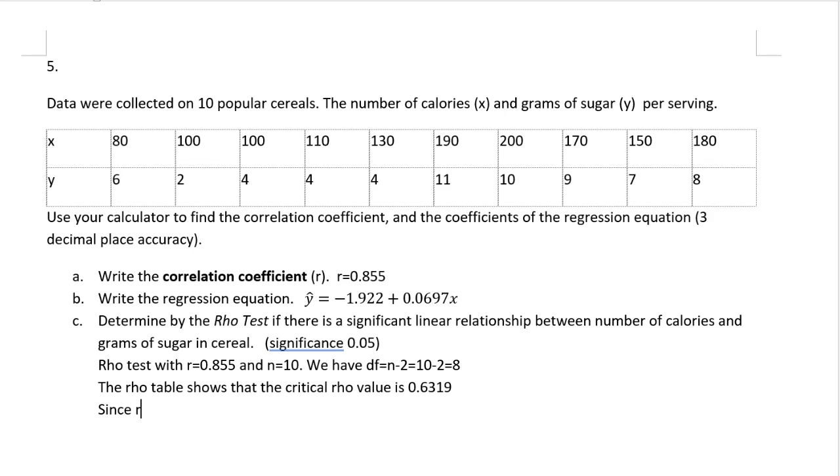Since r is 0.855, which is bigger than this critical value 0.6319, this is significant. That's what you can say. And that's it.